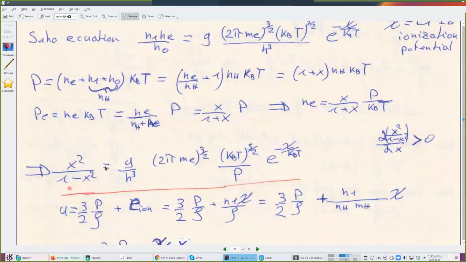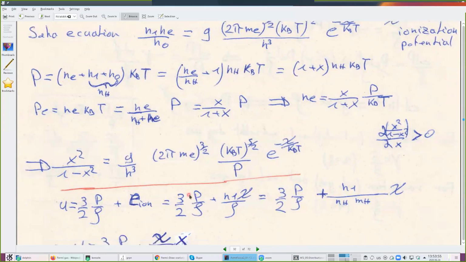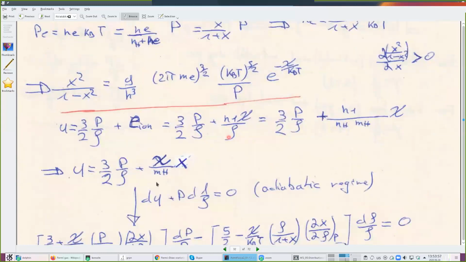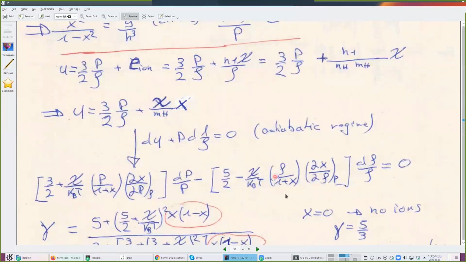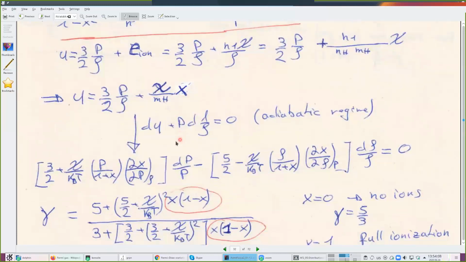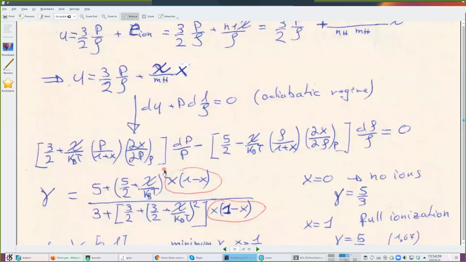So the ratio among the several levels depends on the pressure, on the temperature, and on the ionization energy. Here there is a relation among internal energy, pressure, and ionization. Do the calculations before you get this complicated formula.